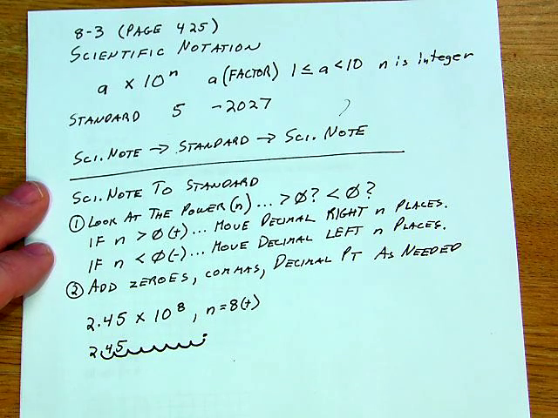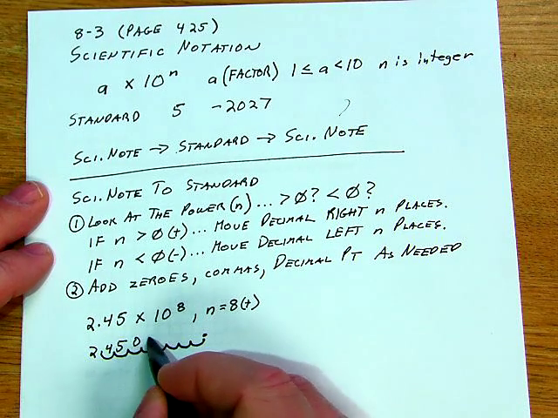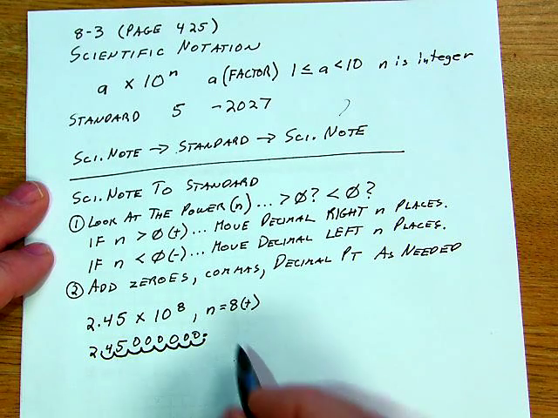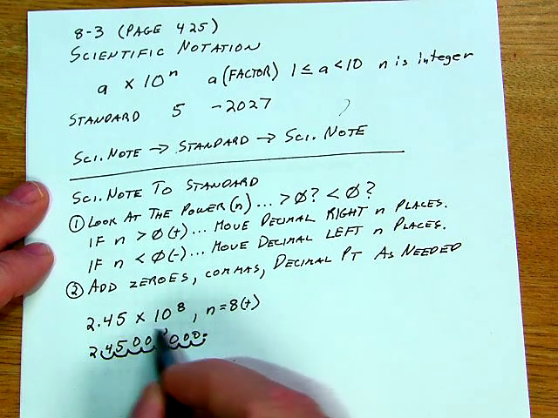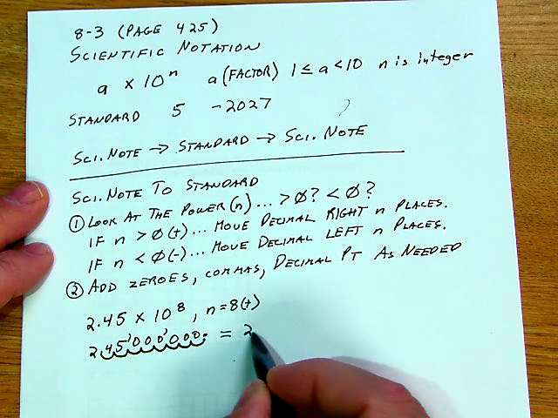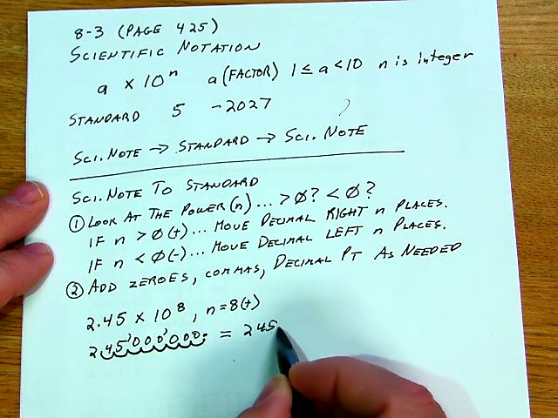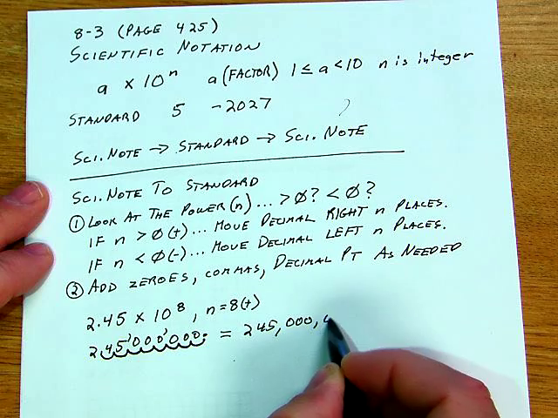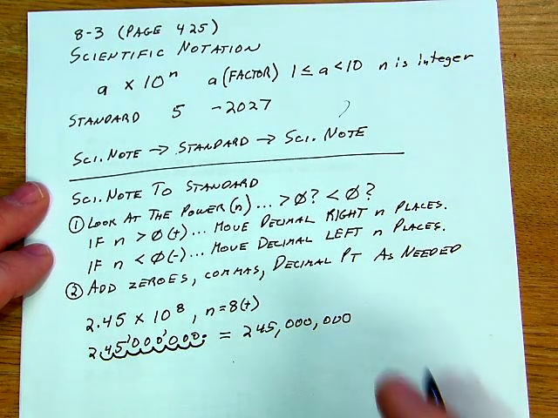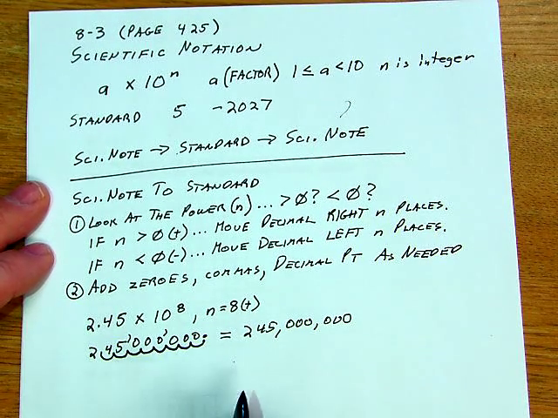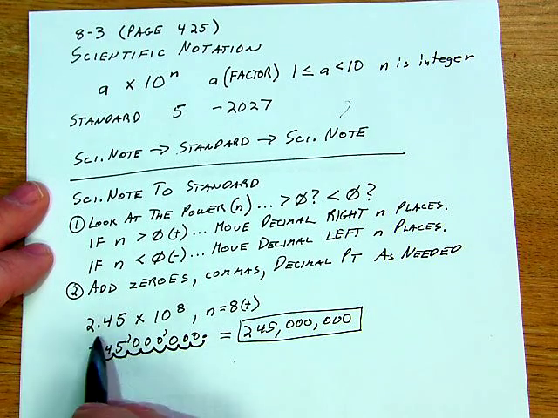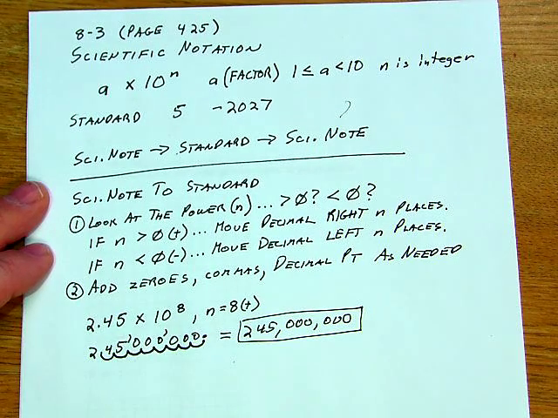Then I fill in all the spots with zeros. I know there are commas right there and there, so I rewrite that as 245,000,000. And that is my number in standard form for 2.45 times 10 to the 8th.